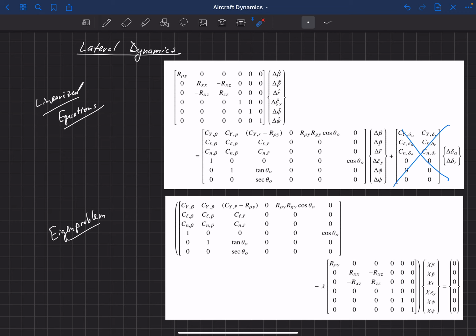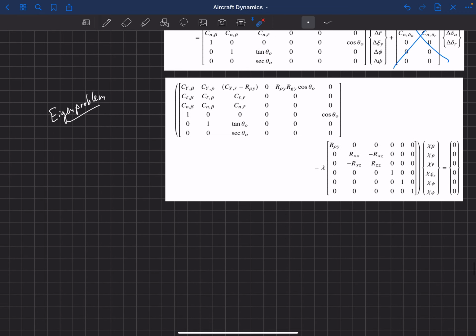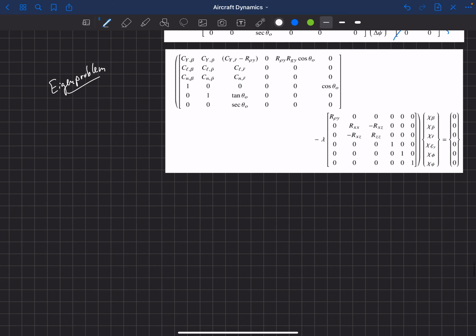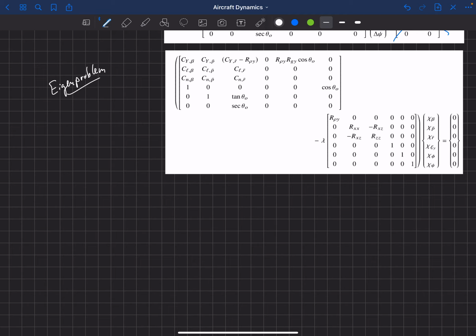Now, after we've solved that, now that these matrices are completely non-dimensional, that includes non-dimensional in time. And so in order to get frequencies and damping information from the eigenvalues, we need to redimensionalize the eigenvalue information that comes out.